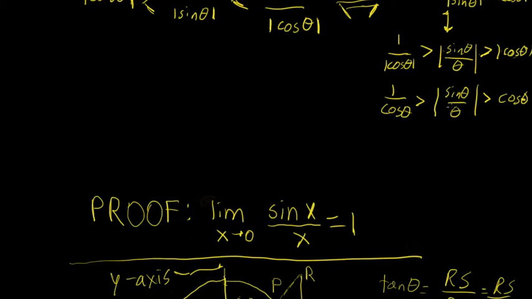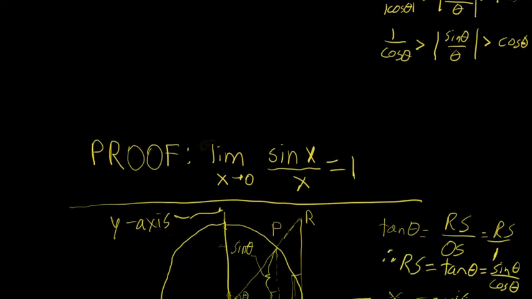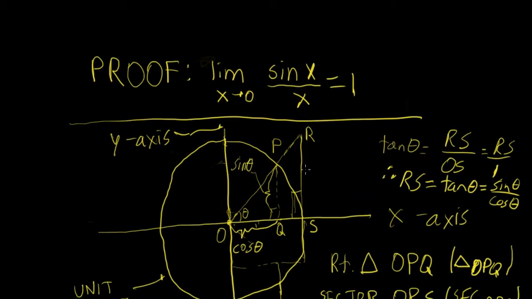But then what about this sine of theta over theta piece here? What you'll notice is when theta is positive, sine is also positive, right? Sine's the y coordinate. When theta is negative, here sine is also negative.